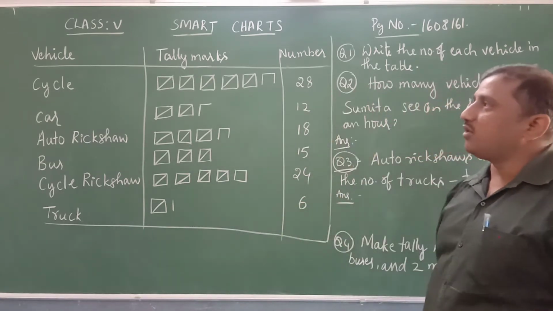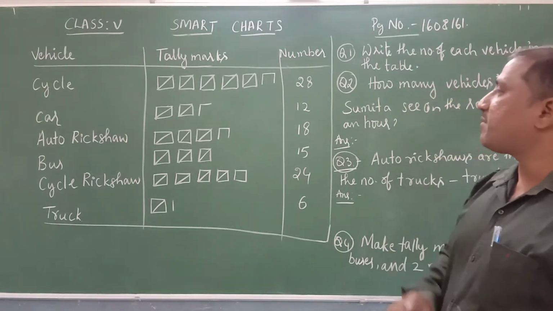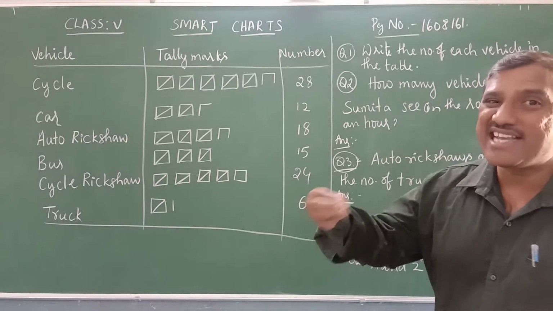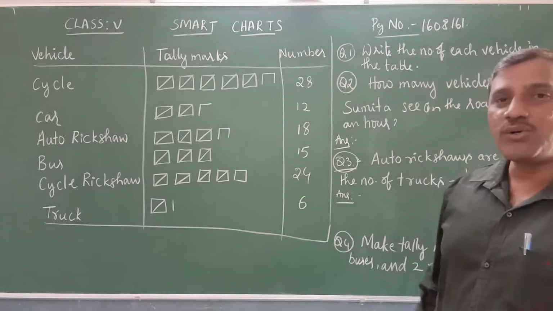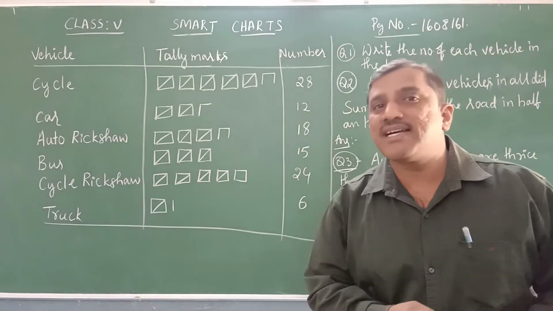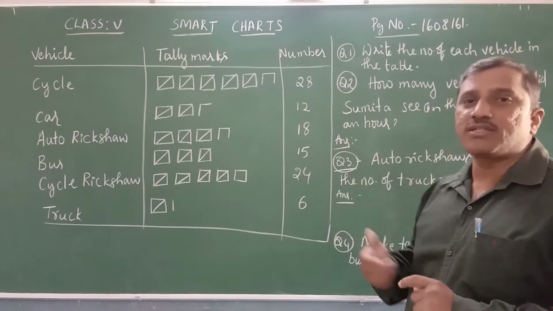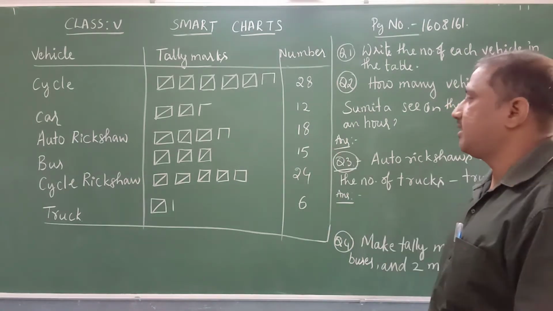Now from this table, name the vehicles. Which type of vehicle is identified the most, meaning the maximum number? The maximum number is 28, so cycles.